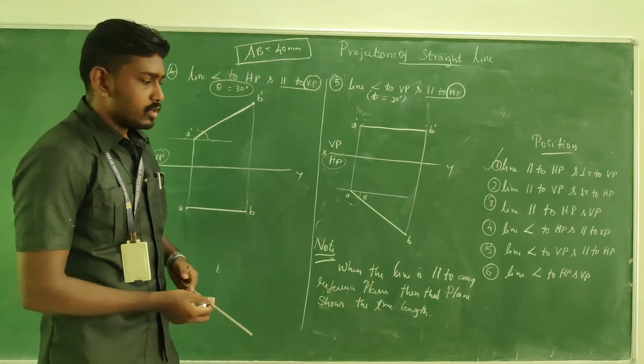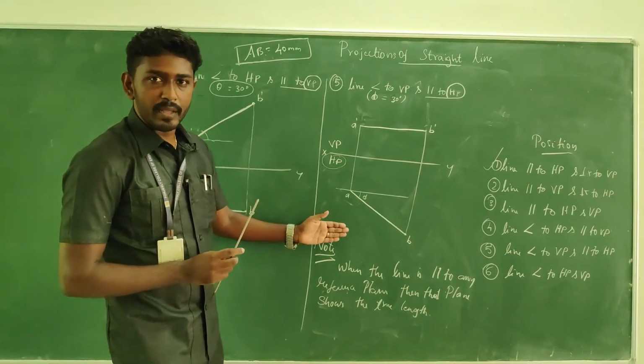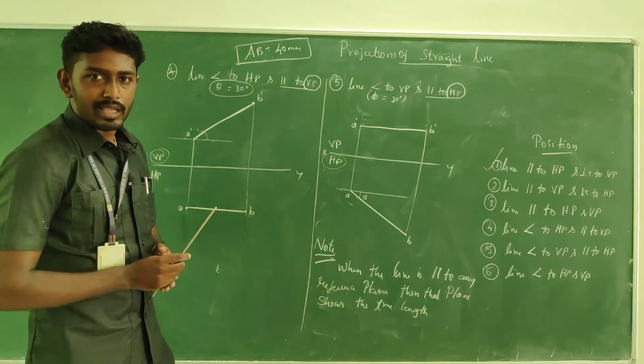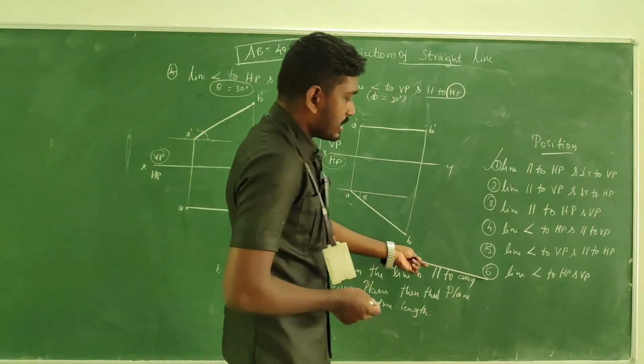Okay, so if you want to get the true length, the line should definitely be parallel to one of the planes. Fine. So move to the sixth one.